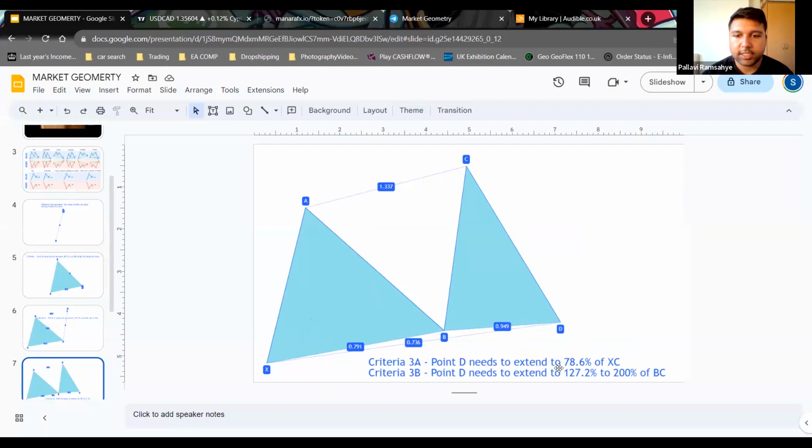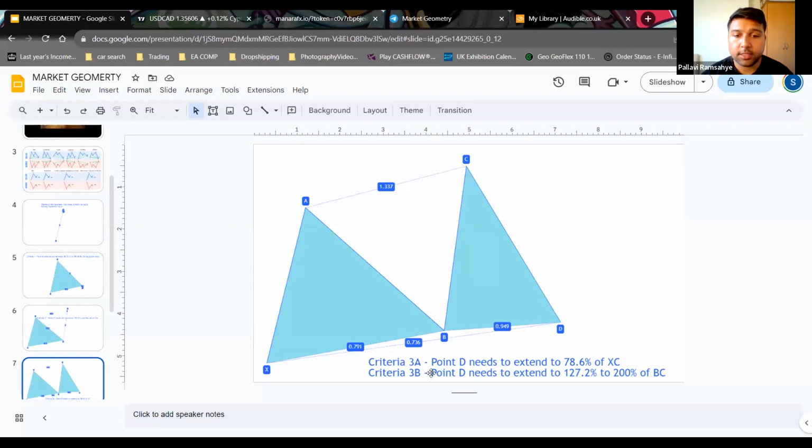Point D needs to extend to 78.6% of X to C. The placement is from X, this point here, of the Fibonacci retracement tool, all the way up to C, this point here. That's where we're looking for D to fall on that percentage.